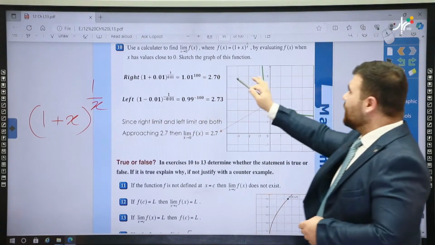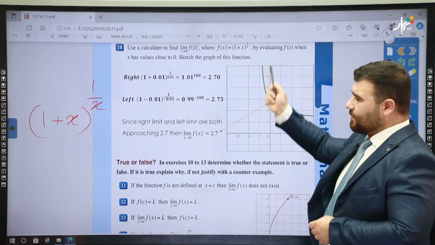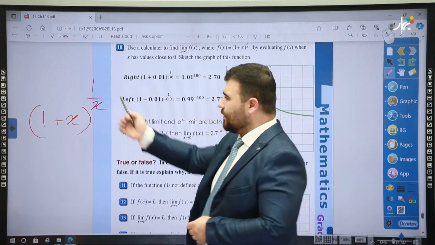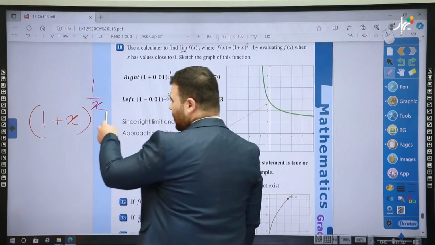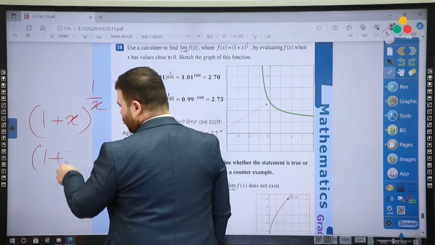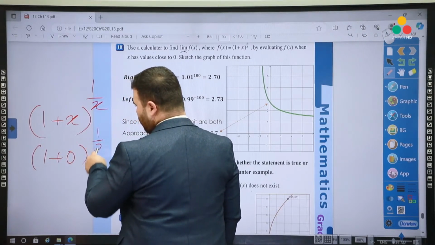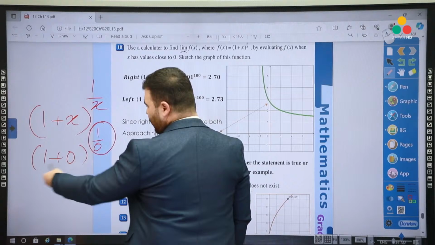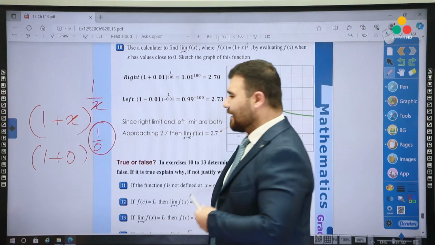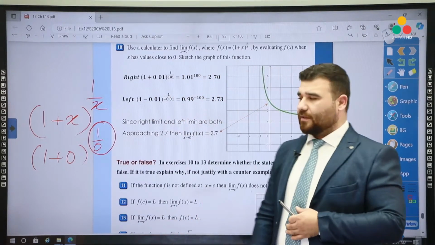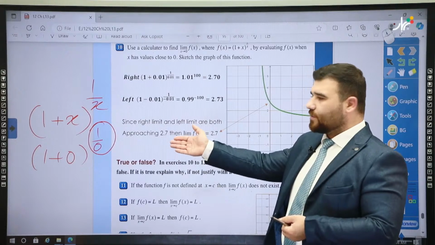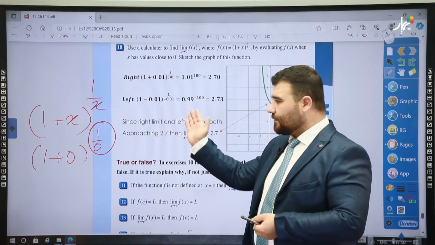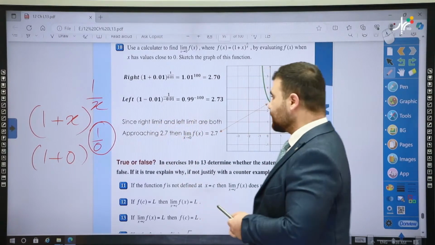Since we want the limit when x approaches 0, if I put 0 in place of x, I'll get something like this: (1 plus 0) to the power 1 over 0. Because of this 1 over 0, this is an indeterminate form. It's undefined. Then what we do, we don't go to 0 directly. We go to the left side of 0 and the right side of 0.